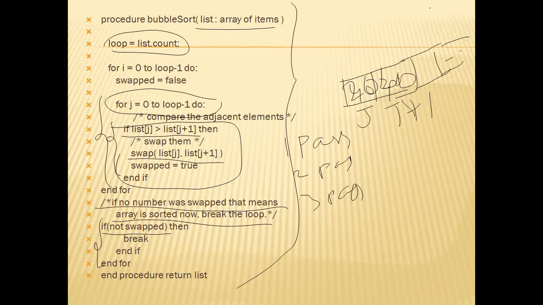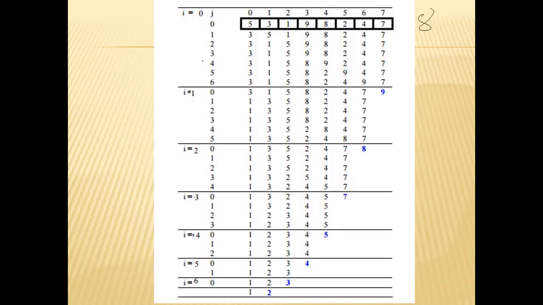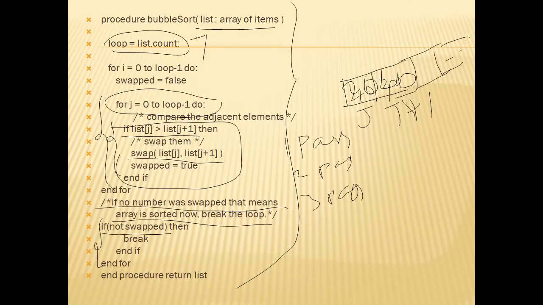Loop is list dot count, which is 8. So for i equal to 0 to 7 it will reach. For j equal to 0 to 7.